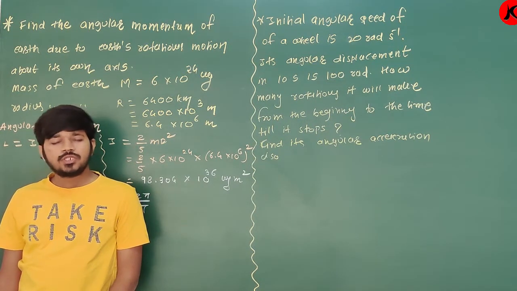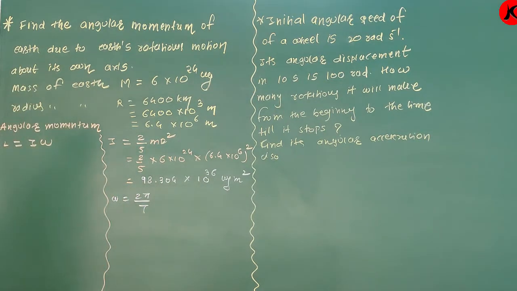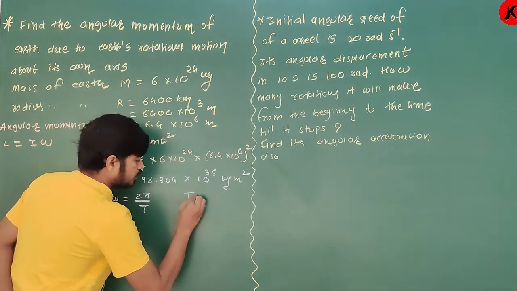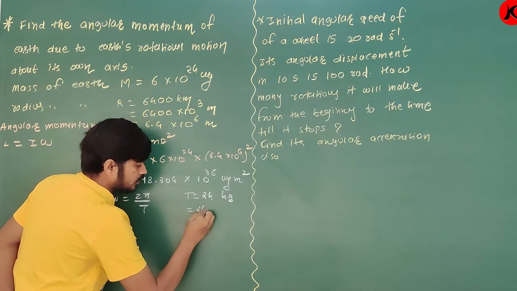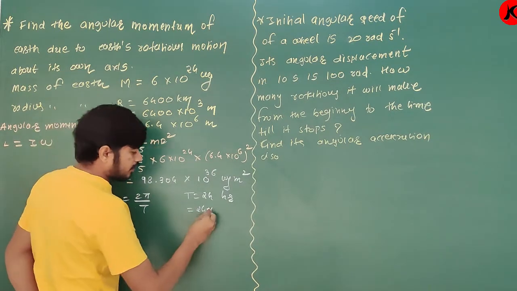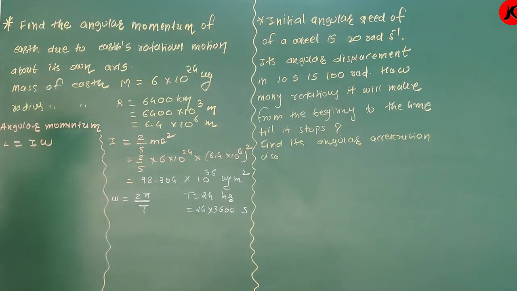It is 24 hours. So T is equal to 24 hours. Now 24 hours is equal to 24 into 3600 seconds. Simple.